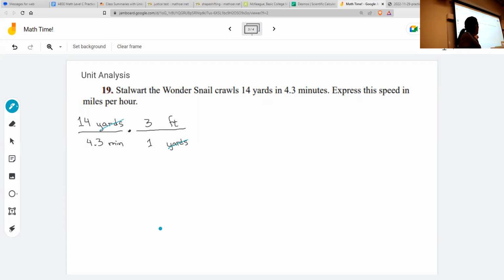If we were to multiply across top and bottom separately right now, we would have feet per minute, which is a perfectly logical thing. It's just not what we want. So we keep going. We are not done. Feet was not what we wanted. Let's put feet per mile, and we know that 1 mile has 5,280 feet.